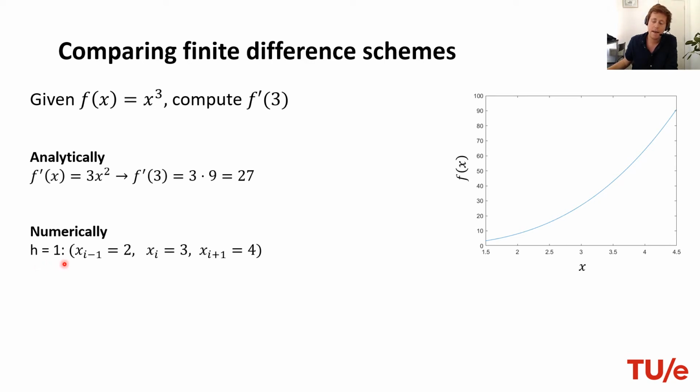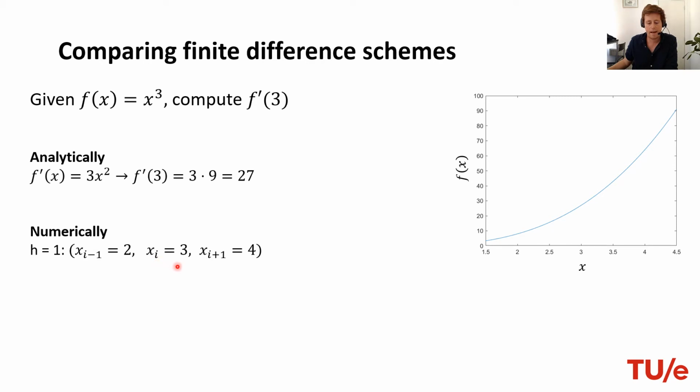If you can evaluate your function, then h is a choice you can make yourself. If you are presented with f in a tabulated form, then virtually always h is decided for you, because you cannot simply pick any value x where you can evaluate f. But here we assume that we can easily evaluate f, so we can choose h equal to 1.